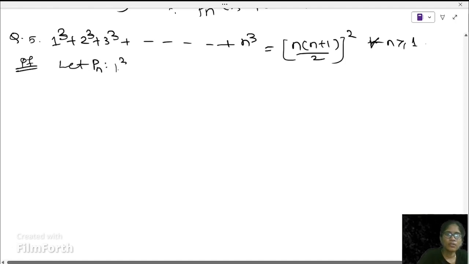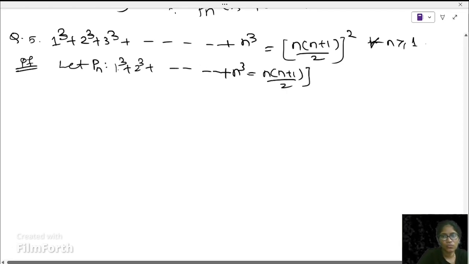Let Pn be 1 cube plus 2 cube plus up to n cube is equal to n into n plus 1 by 2 its whole square.